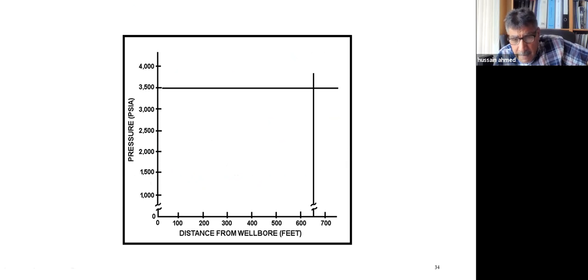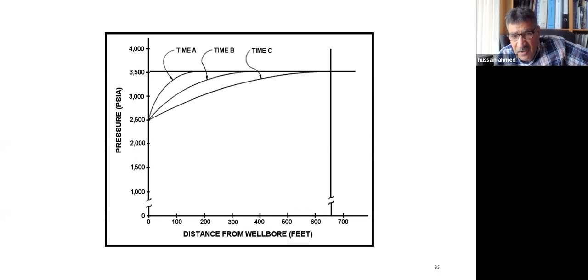The relationship between the pressure behavior, or declining, with distance from the wellbore. As I go away from the wellbore, what happens to the pressure? It should increase, of course. The pressure will decline as I am coming close to the wellbore. And that decline will be very much if we have more skin issues. Less skin issue will be better.